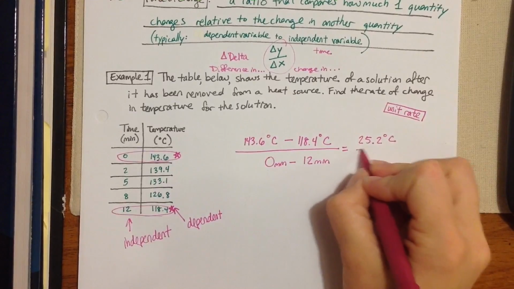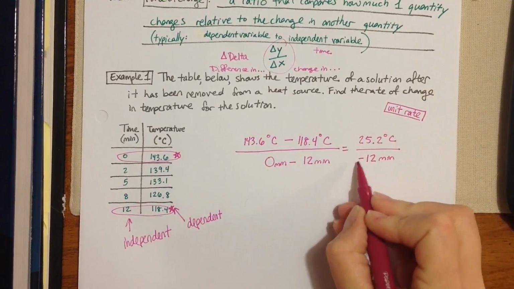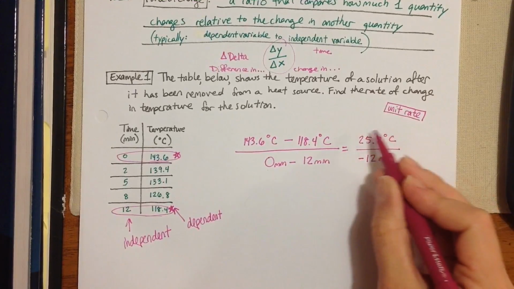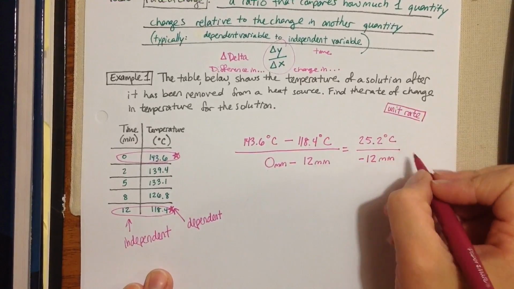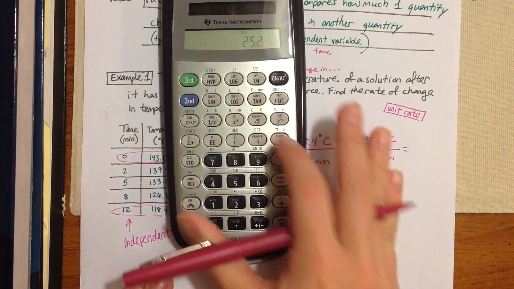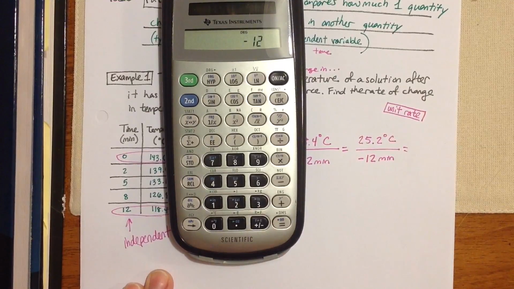And then I already see this is going to be negative 12 minutes. Negative time generally isn't a thing. However, this is going to just become a negative answer overall in a minute. So I'm just going to divide this through. I have 25.2, and I'm going to divide that by negative 12. I get negative 2.1.